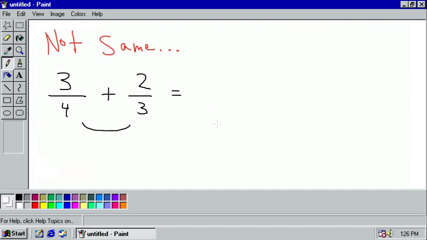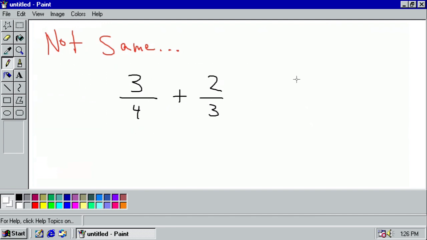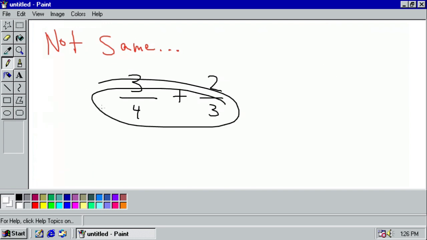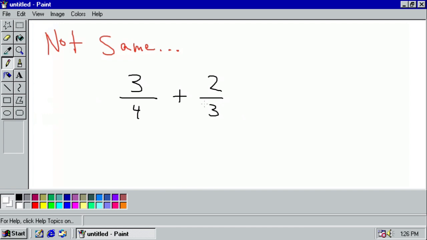First, I have this technique, which is we're going to make both of them the same denominator. So we're going to find the least common denominator.